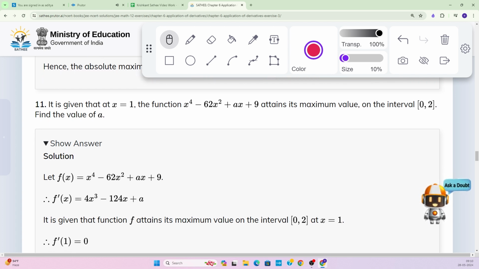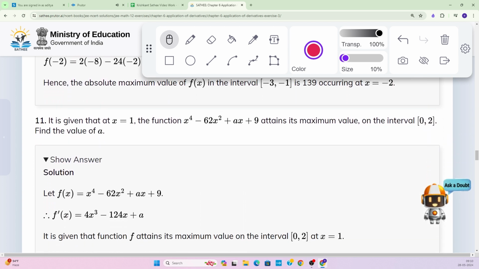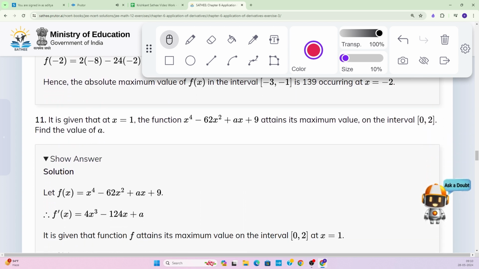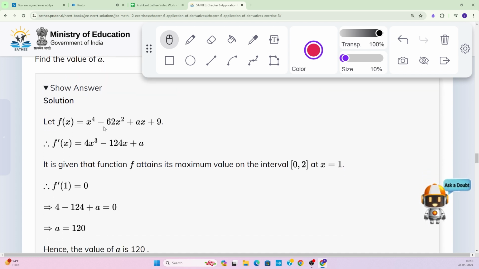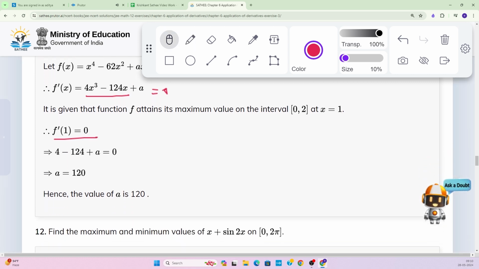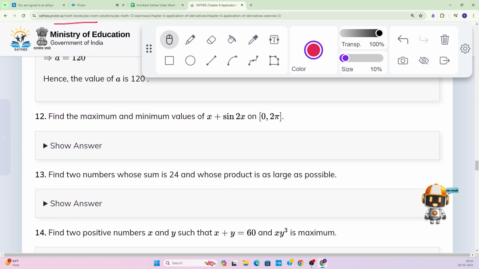And you know that f dash at 1 will be 0. So put x equals 1 in this f dash and put it equal to 0. So you will get a equals 120. So your value for a will be 120.